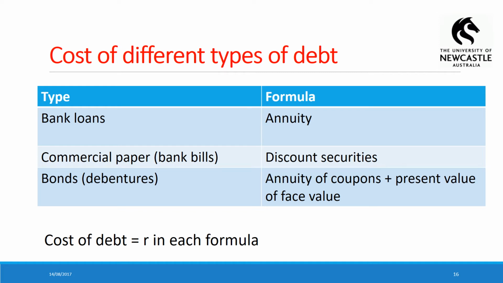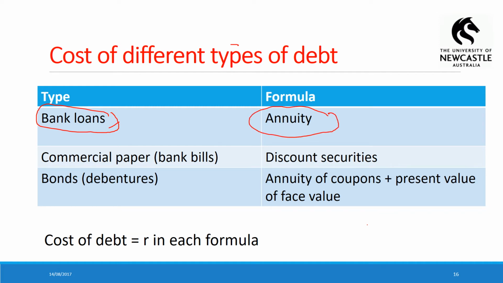In terms of the different types of debt, the total cost of debt is simply the weighted average cost of all the different types of debt. So what are the different types of debt that the firm can borrow from? We have bank loans, for example term loans, which tend to be annuities.